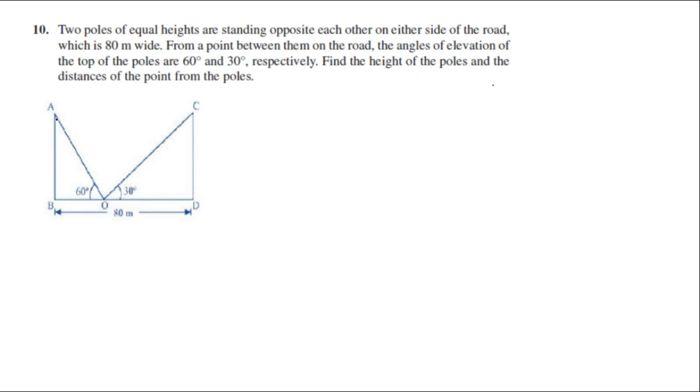Here I have taken AB and CD to be the poles which are of equal height, and BD is the distance between these two poles.